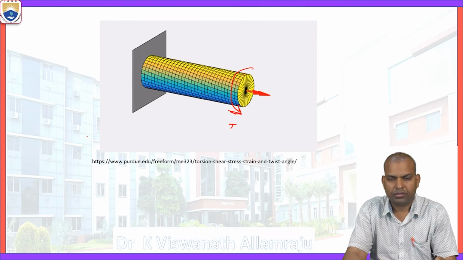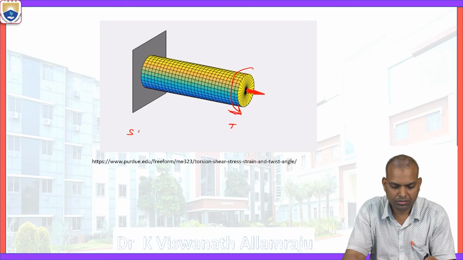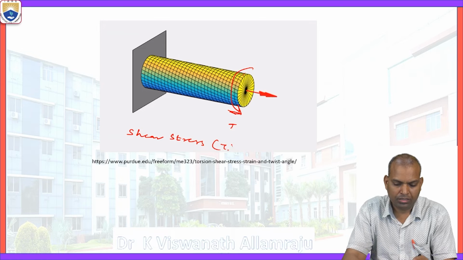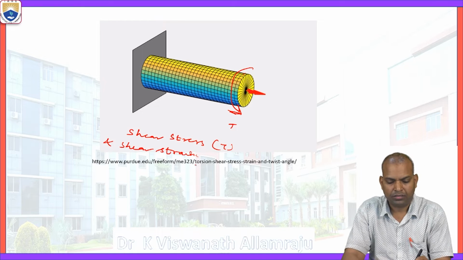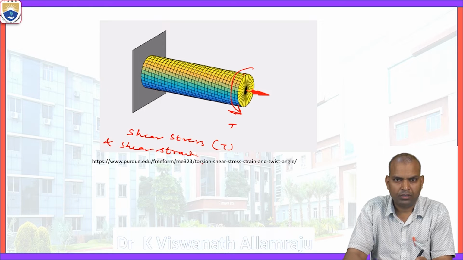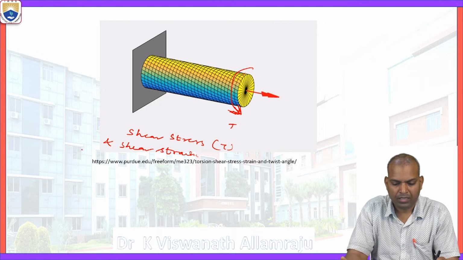the effect of this twisting moment leads to develop the shear stresses and shear strains in the material of the bar. Here it is considered as a cantilever.